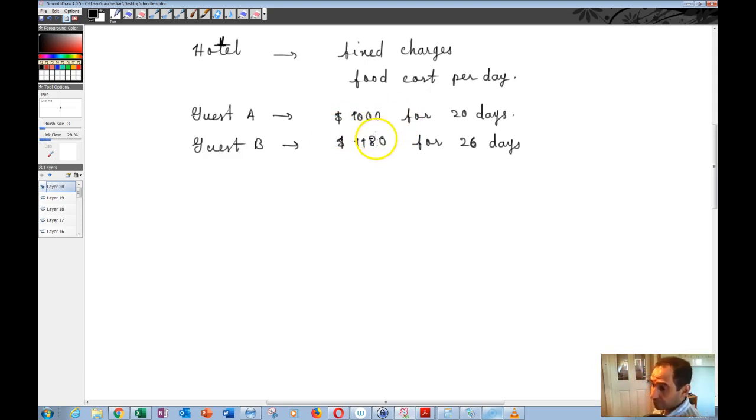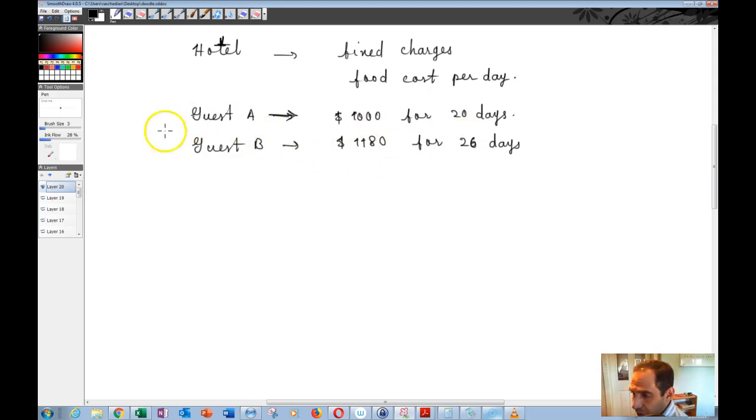So now, we have guest A over here, who has stayed for 20 days and has actually eaten for 20 days as well. And he has had to pay $1,000.